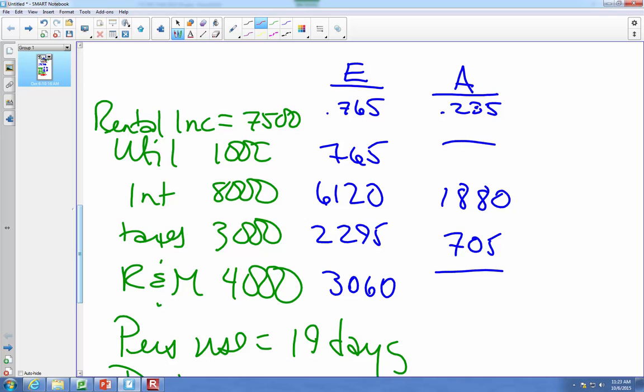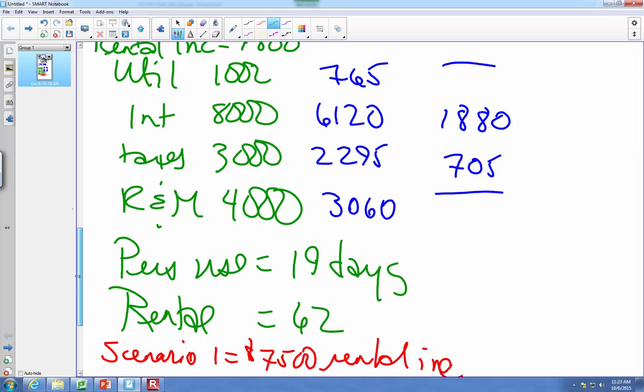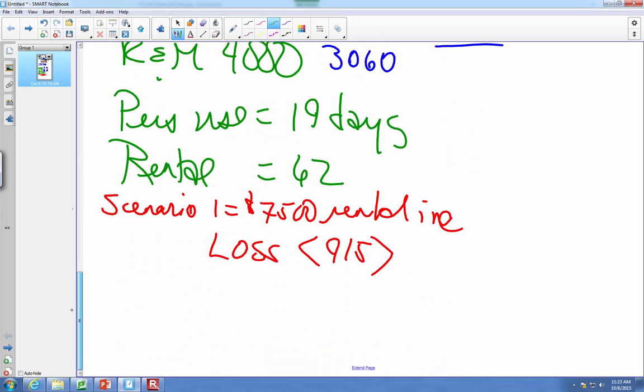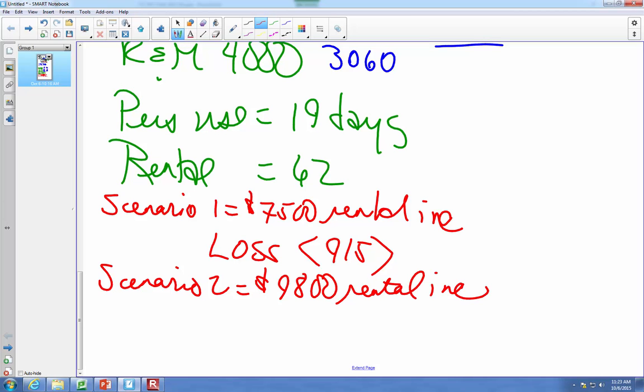Scenario 2. My rental income's 9,800. I'm at 0.